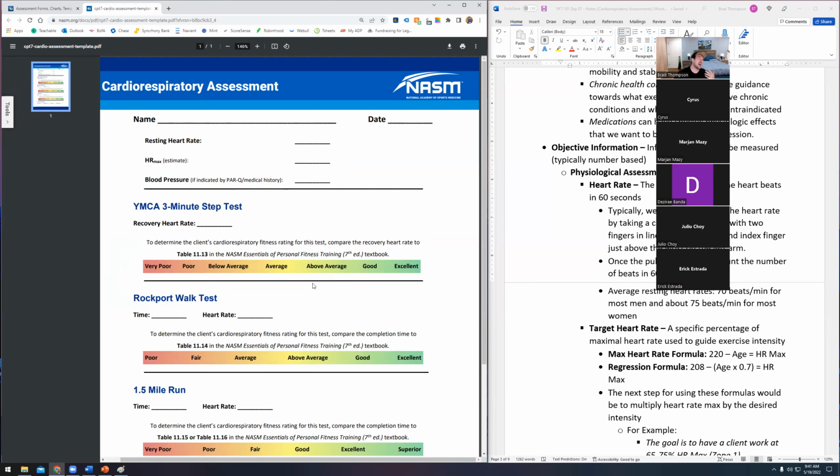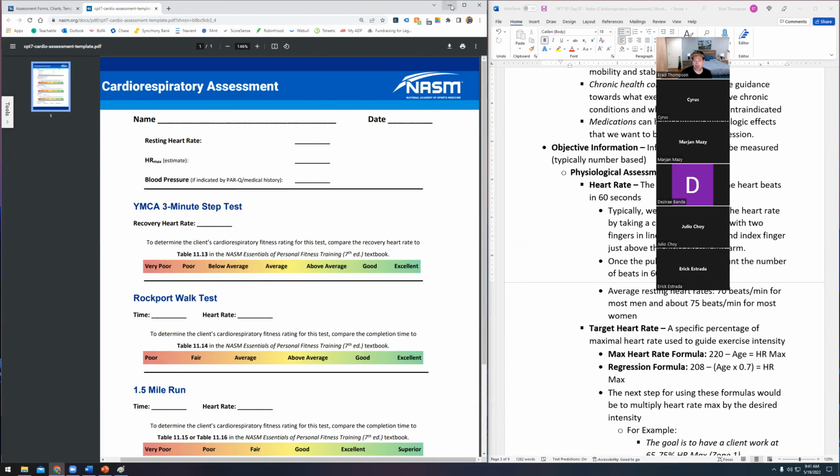But if I measure one of my clients' heart rates and it's like 85 beats per minute, and I measure the other client and their heart rate is like 60 beats per minute, I can pretty safely assume right off the bat that the client who's able to supply an entire body's worth of blood in 60 beats per minute is in a little bit better shape than the client who's supplying an entire body's worth of blood in 85 beats per minute, right?